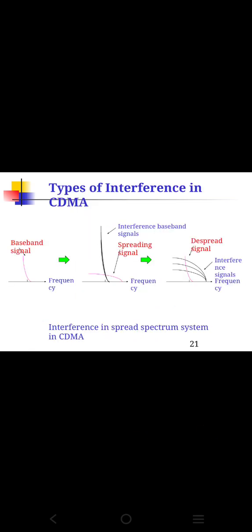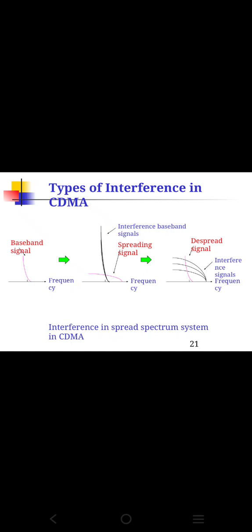When you are going for interferences, we have many types of interference. Here is how the interferences are shown using the spectrum in CDMA. The first figure shows the baseband signal with frequency, and next is the baseband signal for the spreading signal, and how it happens with the interferences.